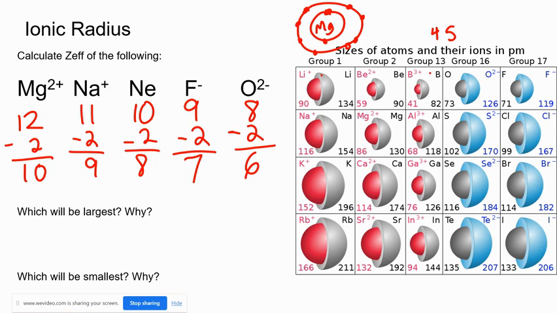Okay. So now we need to figure out ionic radius. We are going to look at our effective nuclear charge, which we've calculated, and we're going to look at how many electrons these guys have. So oxygen has 6 protons, effective nuclear charge of 6. Pulling on how many electrons?